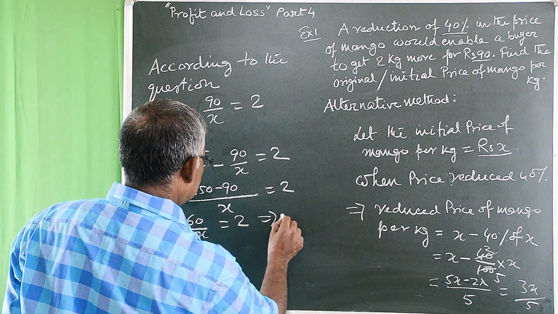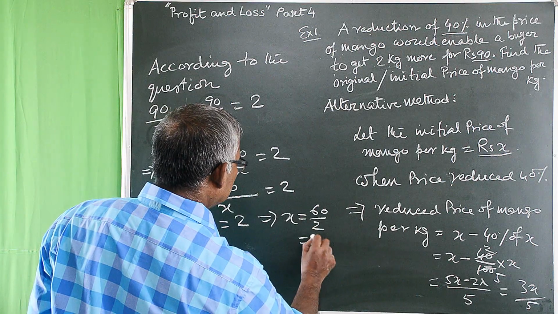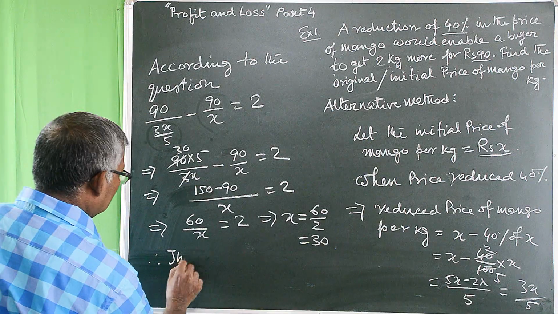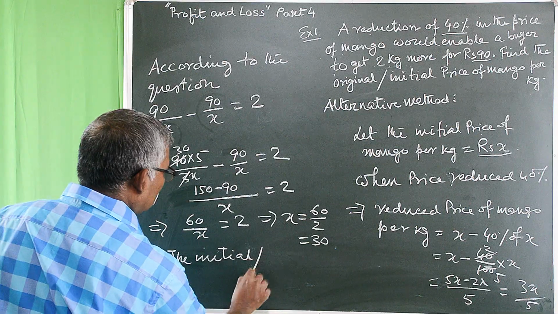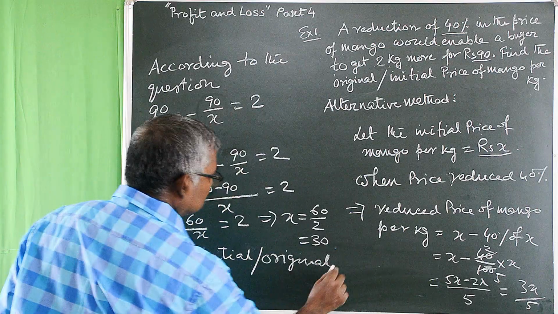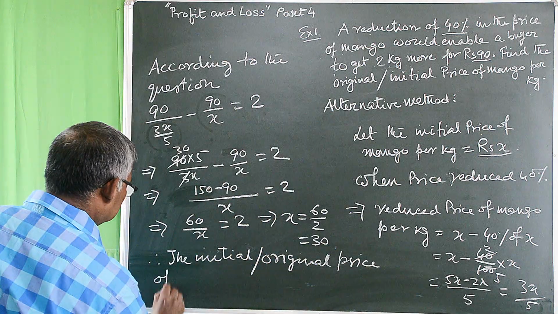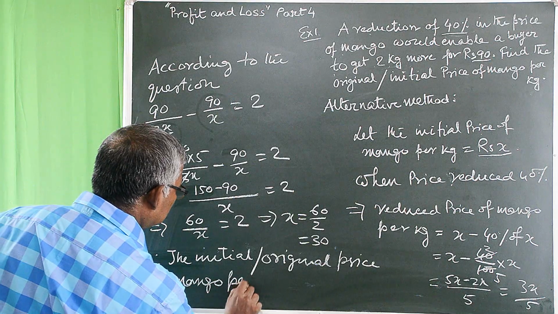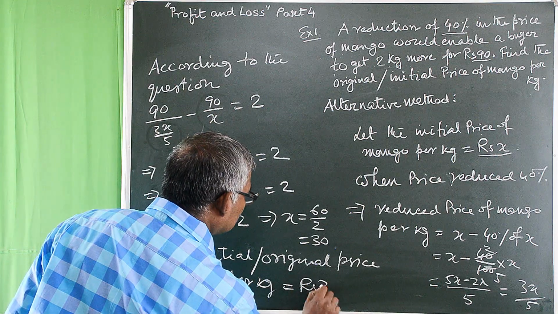This implies that x equals 60 by 2 equals 30. Therefore, the initial or original price of mango per kilo equals rupees 30.